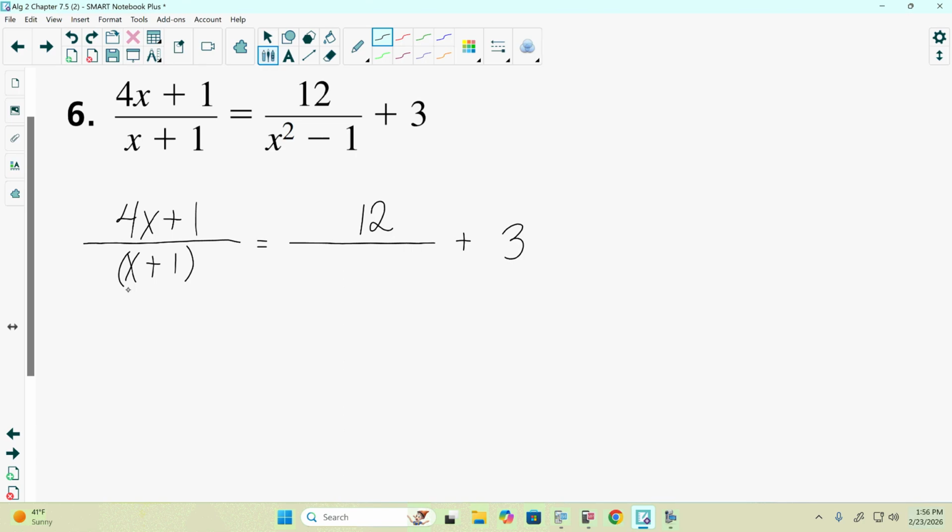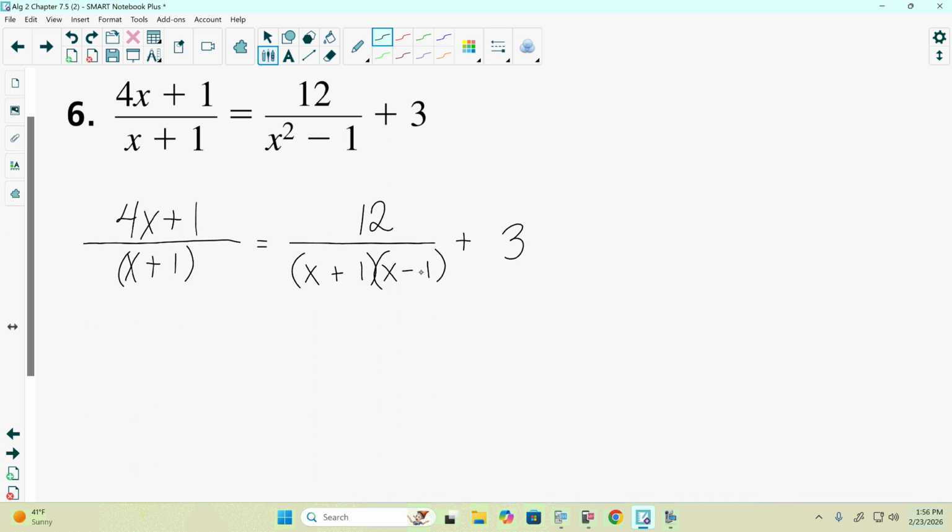Now, x squared minus 1 does factor, and it's actually a difference of perfect squares, because we have 2 terms being subtracted. X squared, x times x gives us x squared, so it is a perfect square. 1 times 1 gives us 1.